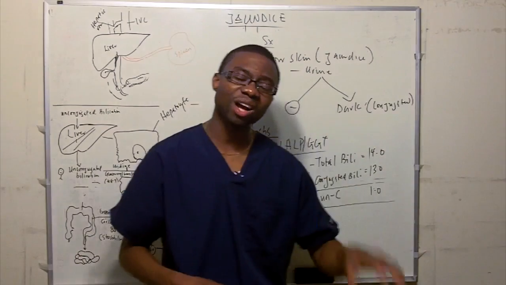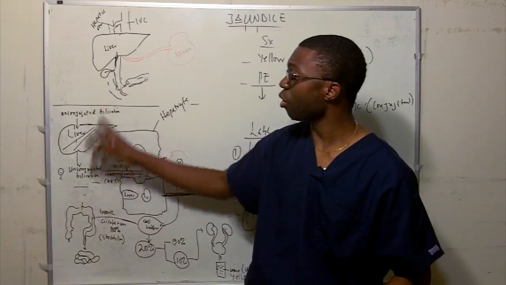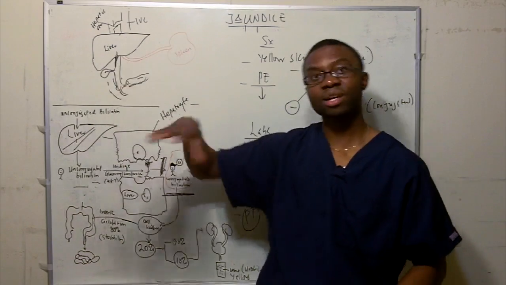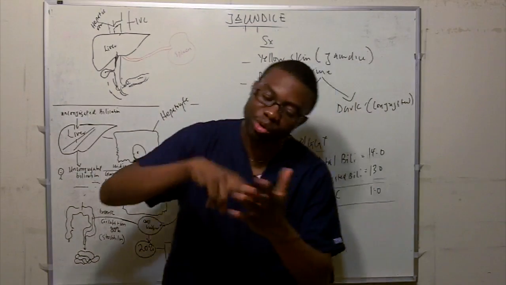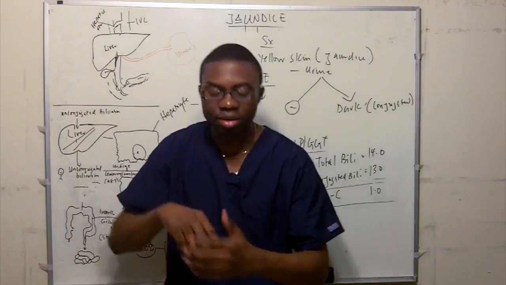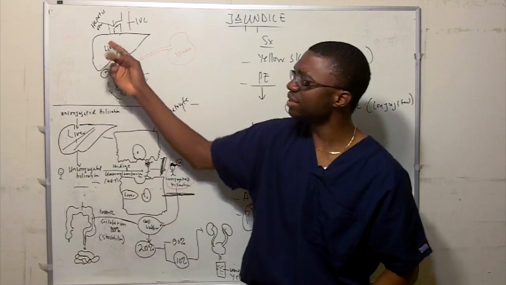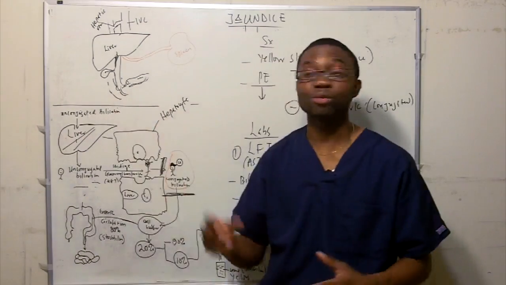Okay? If it's conjugated, on the other side of things, it could be an intrahepatic problem or extrahepatic. If it's inside the liver, all those little things I talked about, PBC, PSC, autoimmune antibodies binding to your liver, cirrhosis, also liver damage from drugs. If it's outside, it could be a stone.